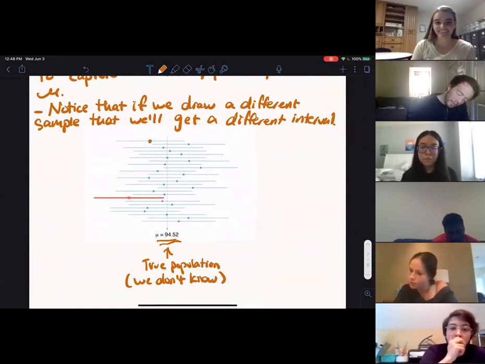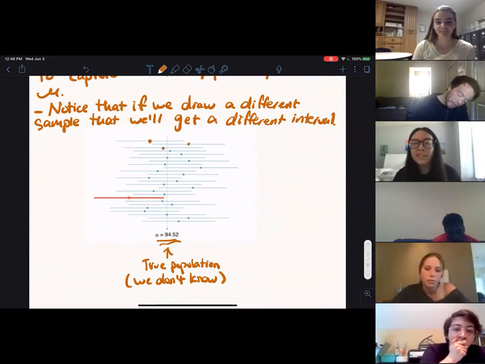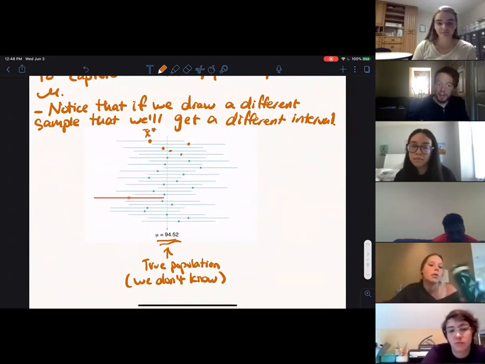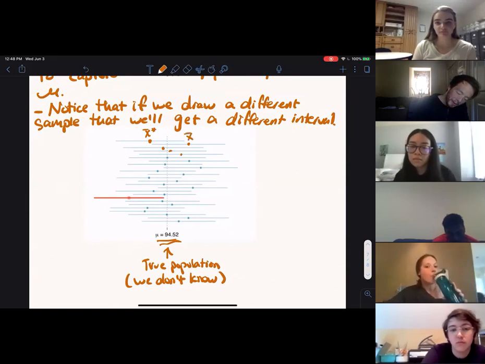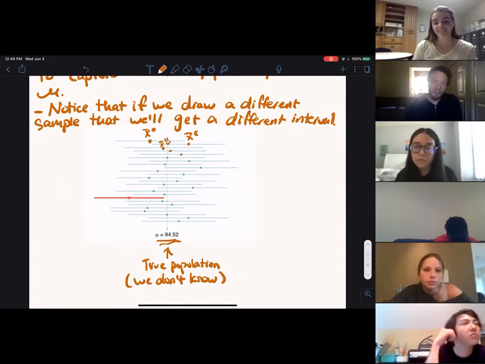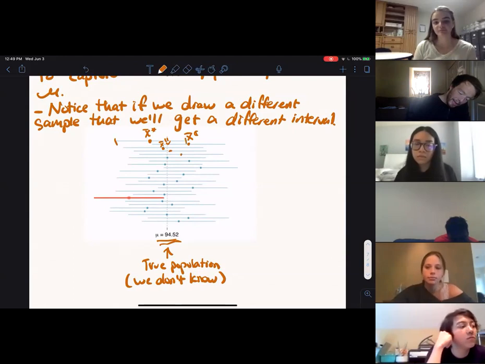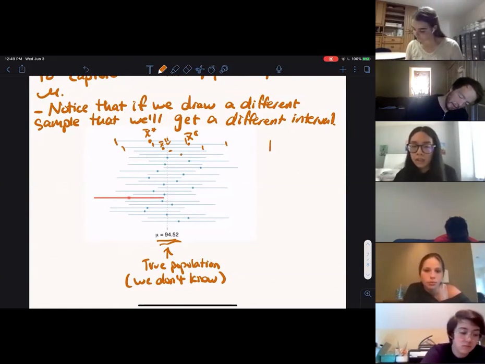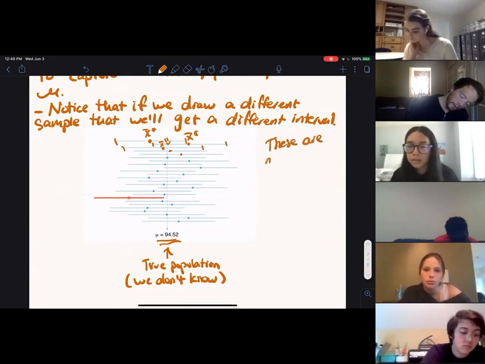And each of these are confidence intervals that are centered around the sample mean. So this is like x bar star, I took a sample and got the first sample mean. This would be like x bar, crescent moon. This one's like x bar, smiley face, and so on and so forth. Every single time I take a sample, I get a different x bar. And as a consequence, I get a different confidence interval each time I do it. Let's say these are all for sample size 30.